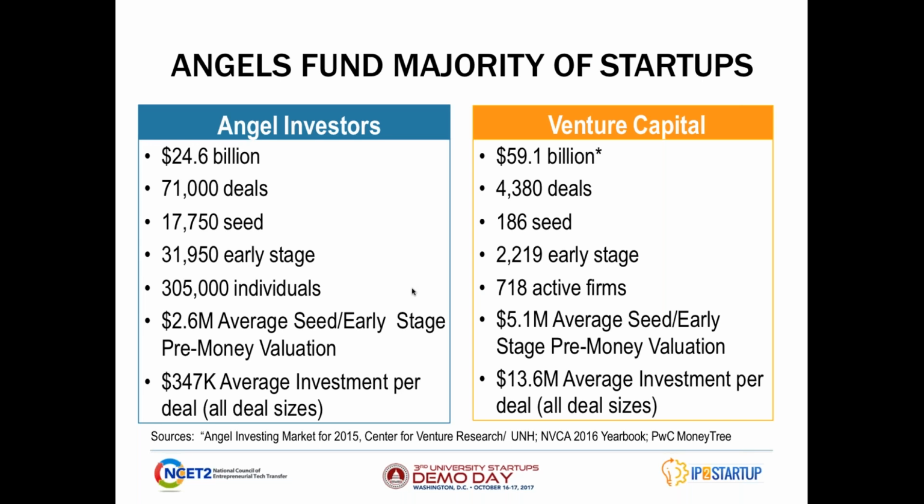And even when they go into early stage and seed, angels are just earlier. Having said all of that, there's still a gap, and we'll get into a little bit later how university mentor angels, what we're proposing here, should be a little bit earlier than this and really get into the startup phase and the gap funding.